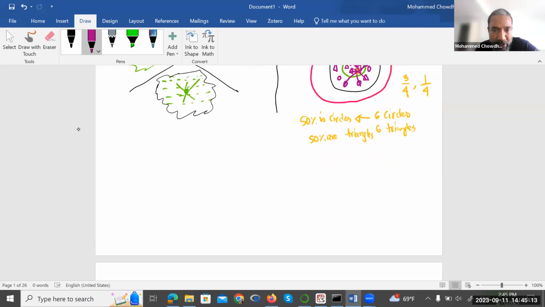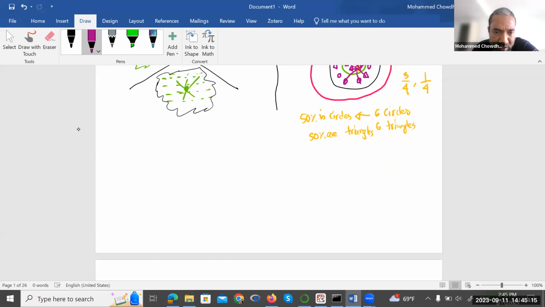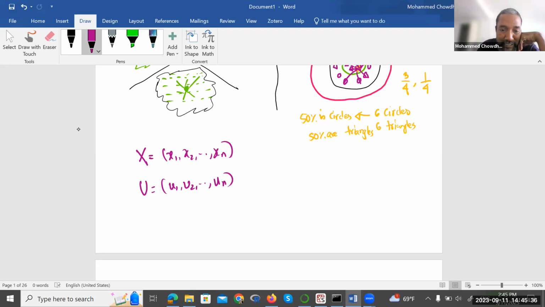After getting that idea, suppose now how to compute the distance of a data vector like x1, x2, and xn, and another one u1, u2, un. Now, how can I compute the distance?